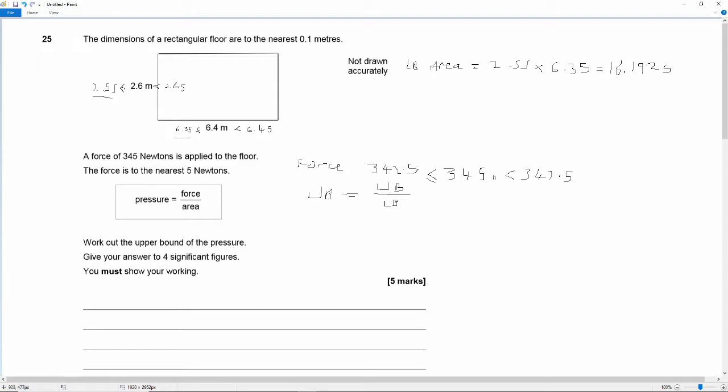And the upper bound for the force is 347.5.